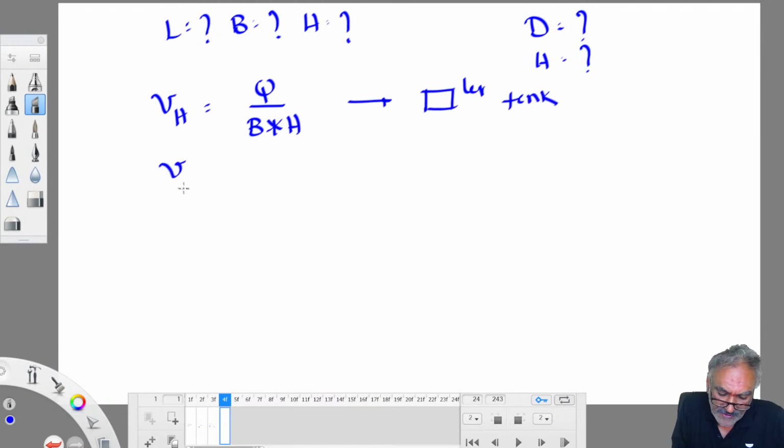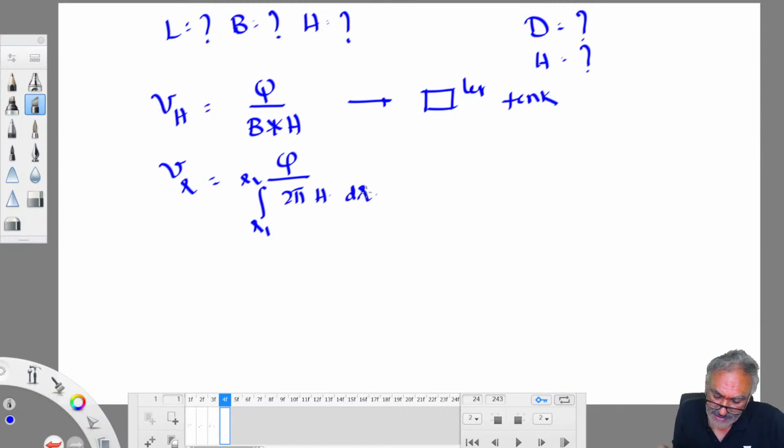For circular tanks, it is radial flow velocity, which is equal to Q by the integral from R1 to R2 of 2 pi into H into dr. The radius of the settling zone varies from R1 to R2; in that radius only the particles settle down. Therefore you can use this for circular tanks.